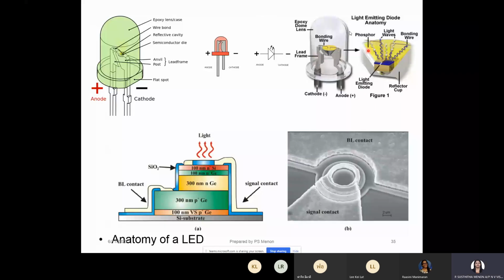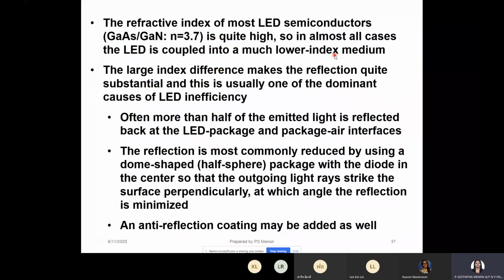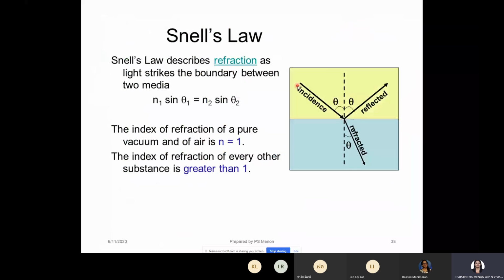This is just to explain about refractive index. At the surface of the chip and also the surface of the dome, you want the light to be transmitted out, to refract out more, rather than get reflected back. That's why you have to play around with the refractive index of the two materials over here.